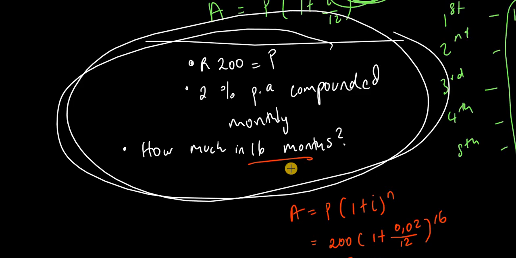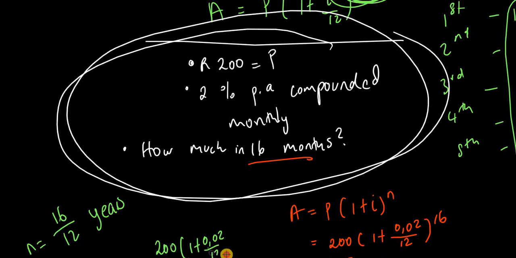Now, I did see that a certain mister said, okay, 16 months, I'll divide it by 12 so that I get the number of years, which is okay. Then you can go back onto the formula and say 200 into 1 plus 0.02 over 12, and then 16 over 12 for the years.